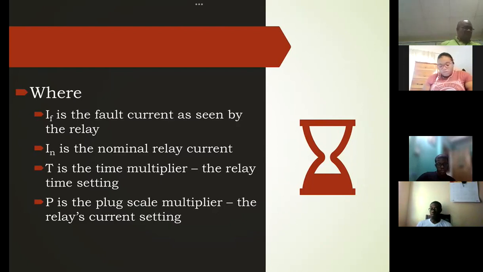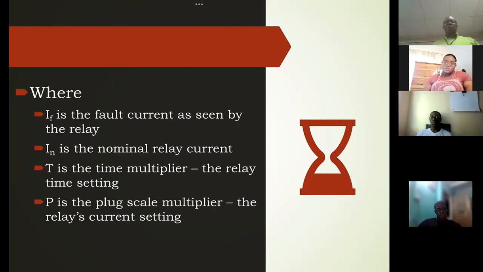In fairness, PIN would really give you the plug setting. So it will be IF over PIN, and that would really give you a multiplier. Are you with me? So what we call here the plug scale multiplier is a sort of old term, because we now know that we can get the plug setting directly from the relay. So we know the operating current of the relay.